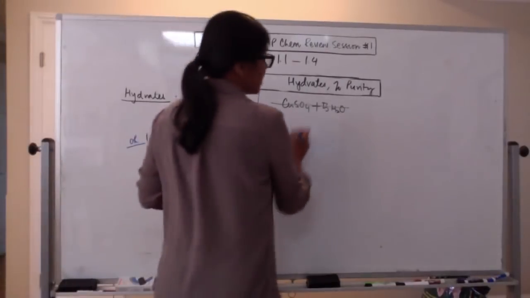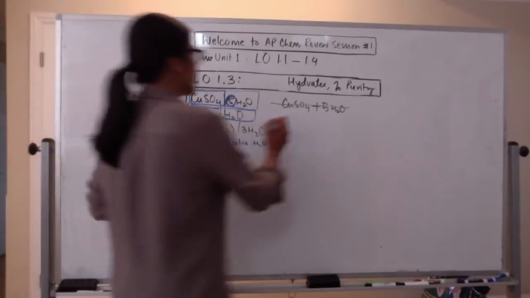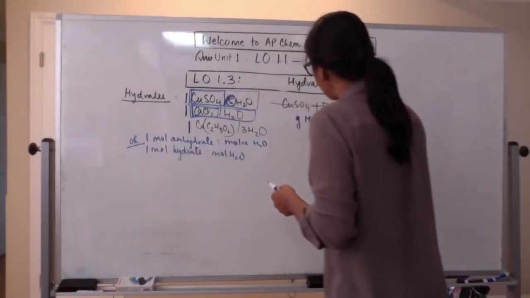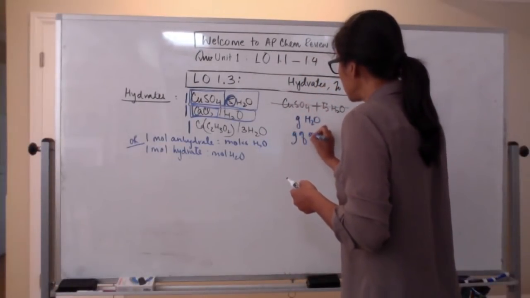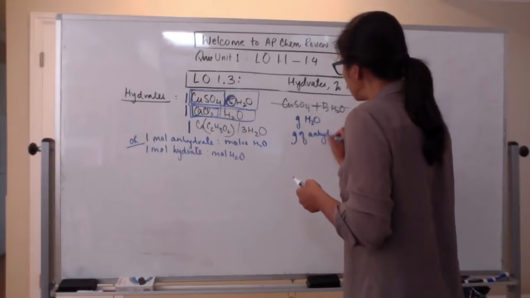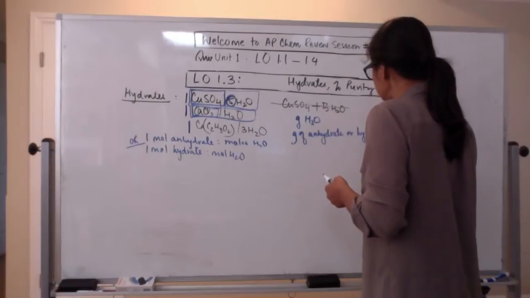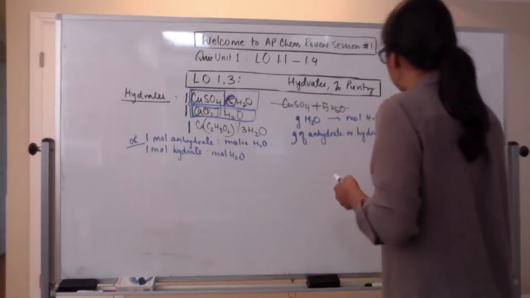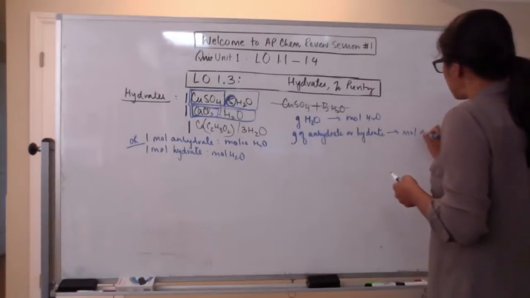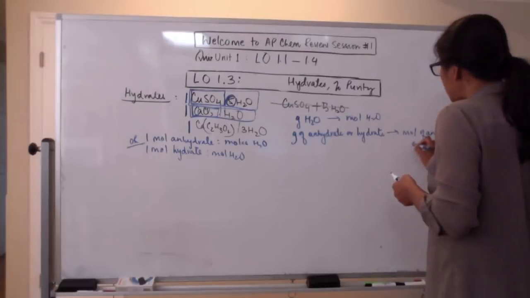The methodology here varies depending upon the problem, but your ultimate goal is to get grams of water and grams of anhydrate or hydrate, and from there get moles of water and moles of anhydrate or hydrate.